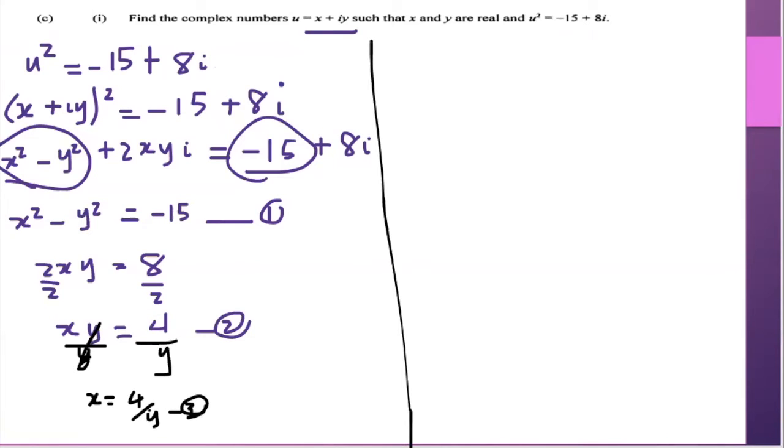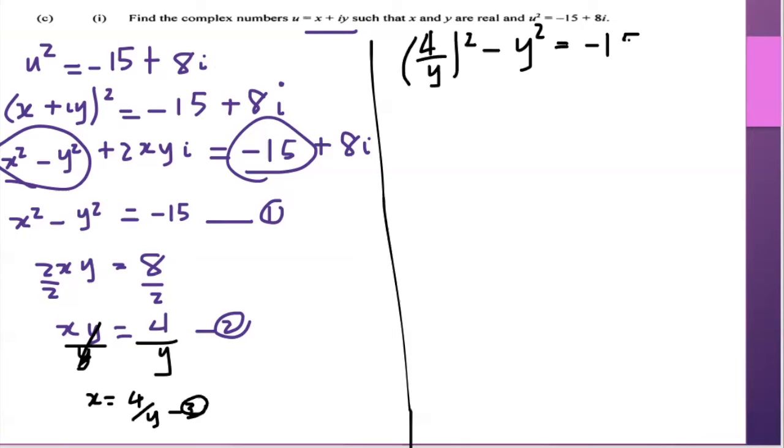So I'll be substituting equation 3 into equation 1. Where I have x squared, it will be replaced with 4 over y all square, minus y square equal minus 15.